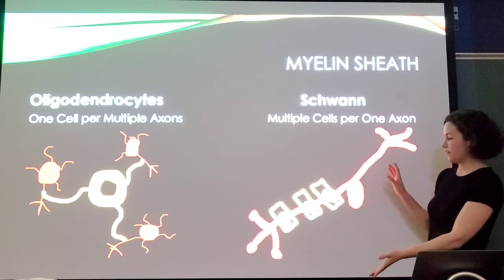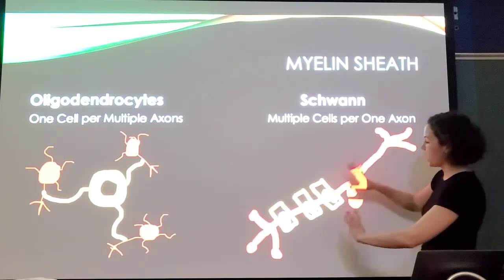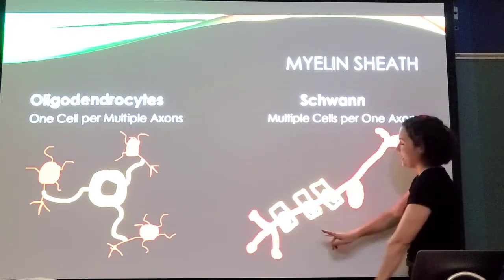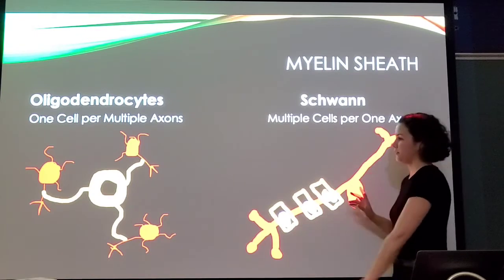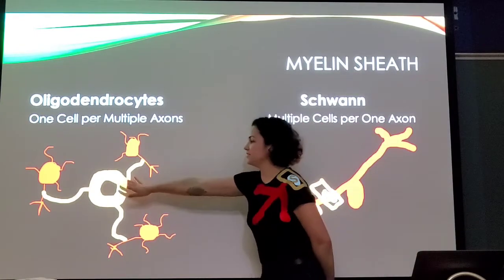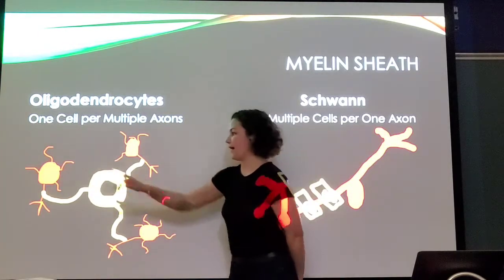Schwann cells, on the other hand, it's the exact opposite. You have one axon and multiple Schwann cells on that one axon. In the CNS with oligodendrocytes, you have one oligodendrocyte per multiple axons.